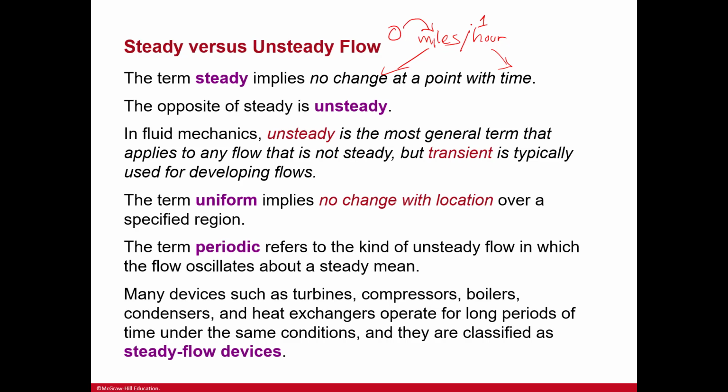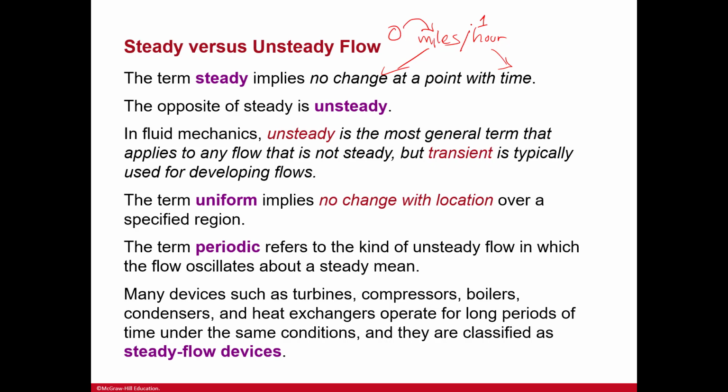If you have a flow that you are getting to, then you have a developing flow to get there. The term uniform applies to no change with location over a specified region. I want you to think of that like an ice cube, right? Over a specified region, over the block, there's going to be no change. The term periodic refers to the kind of unsteady flow in which the flow oscillates about a steady mean.